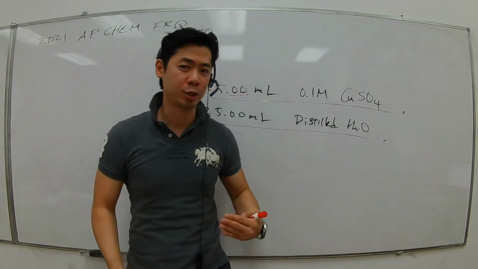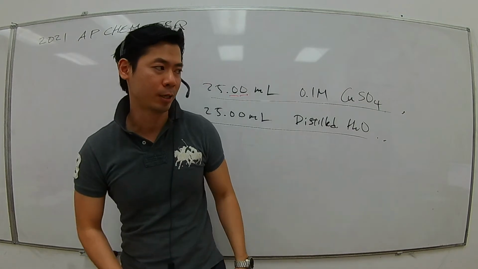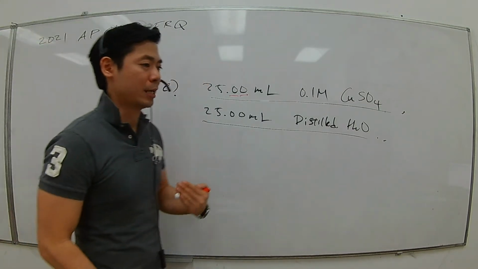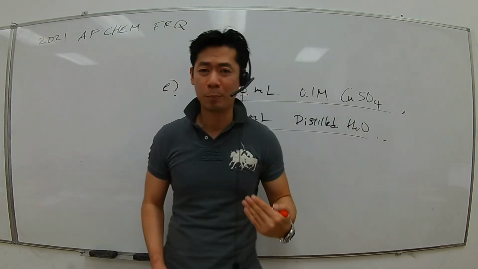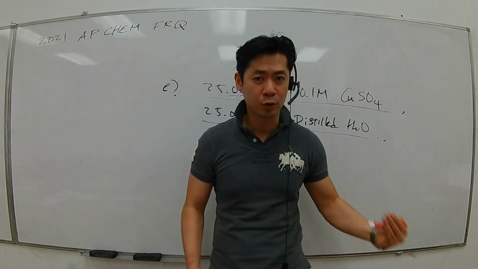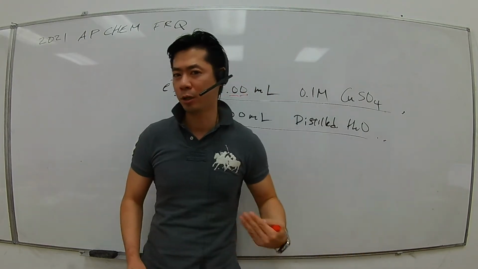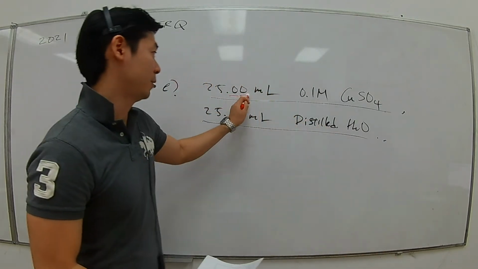What can measure up to 1/100th of a milliliter of the copper sulfate? You have to mention a burette. A burette or pipette can get you to 1/100th of a milliliter. You cannot say graduated cylinder or beaker because those are not accurate enough for this kind of measurement.